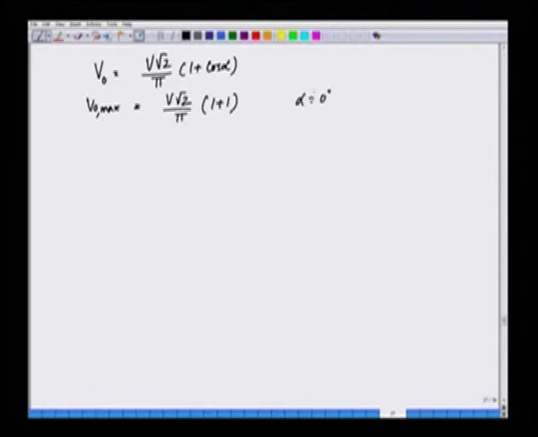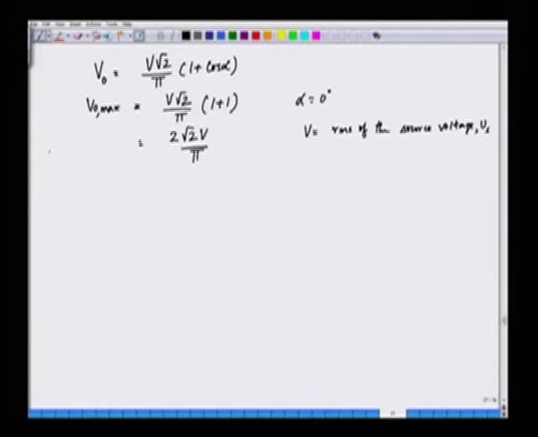So, when alpha is equal to 0, the output is maximum. So, cos alpha is 1. So, that is VO maximum, and that is equal to 2 into root 2 V by pi. So, V is the RMS of the source voltage, that is Vs.